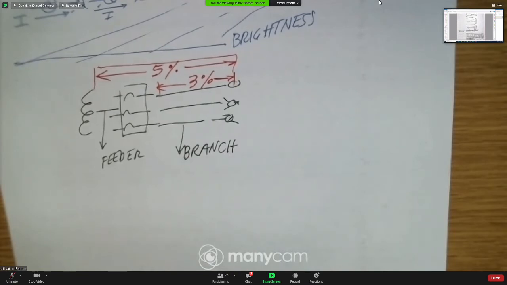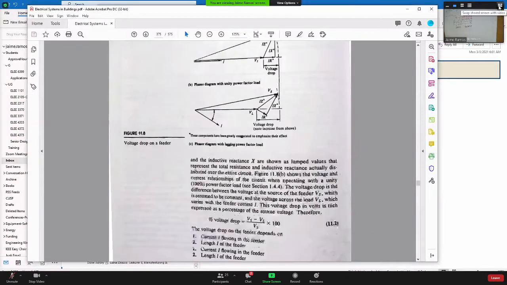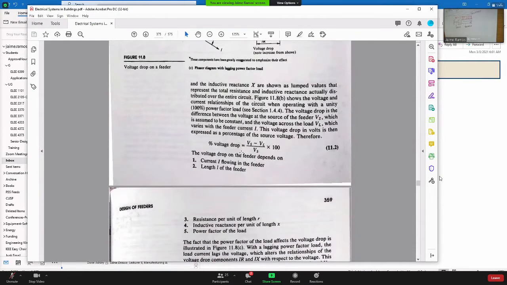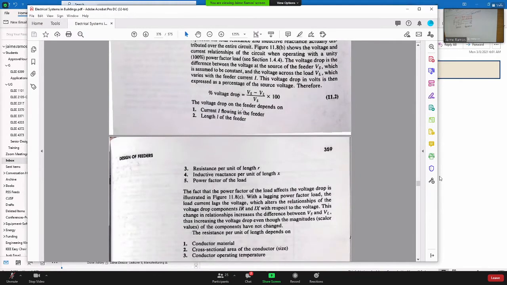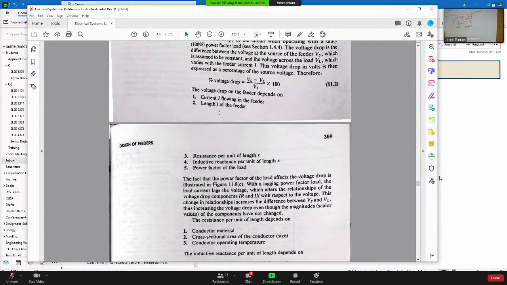So we have the source voltage and the load voltage. That difference is the voltage drop. So here is the definition of voltage drop: source minus load divided by source. So the voltage drop depends on the current, the length, the resistance, the inductance, and the power factor.